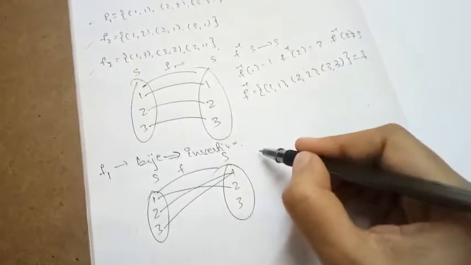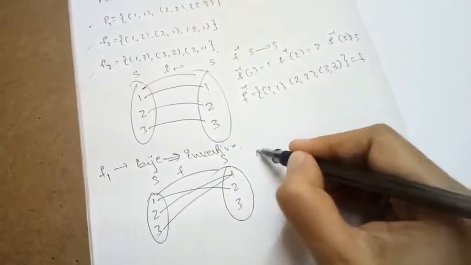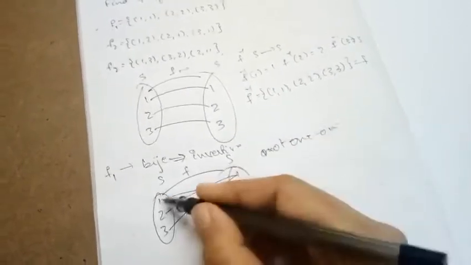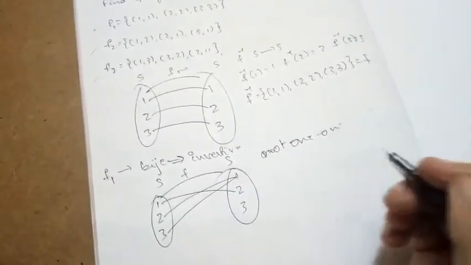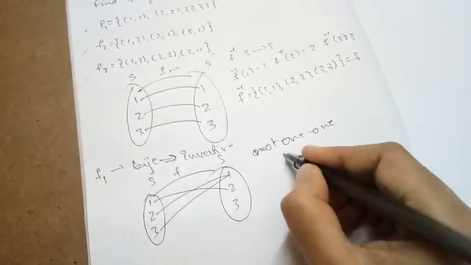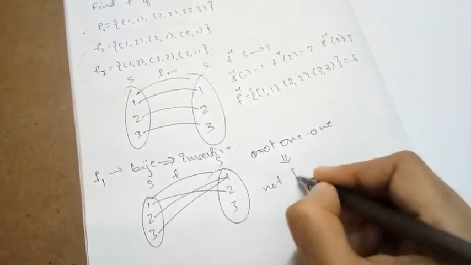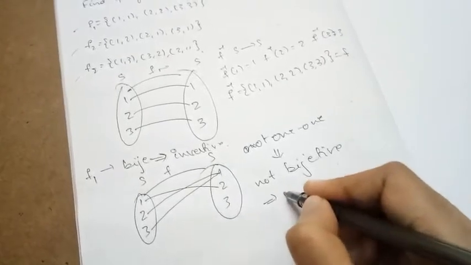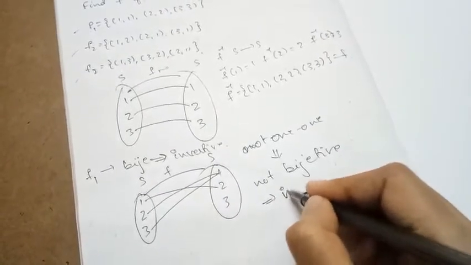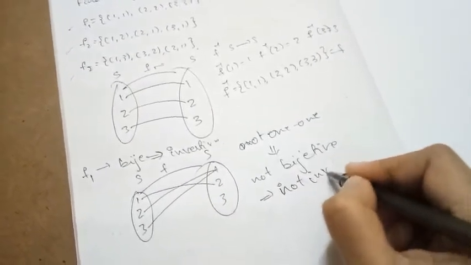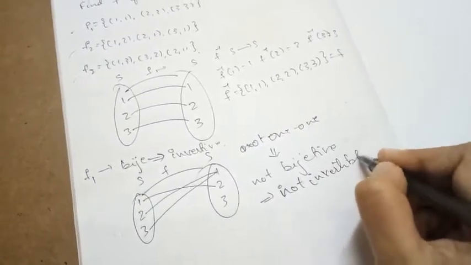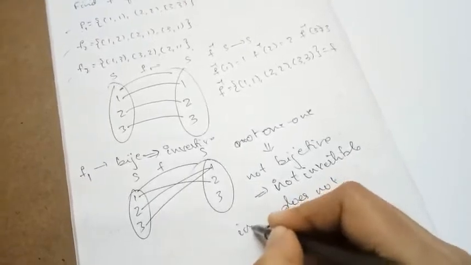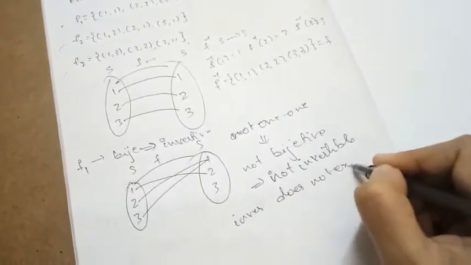Clearly this function is not a 1-1 function, because here 1 and 3 have the same image 1. It implies it is not bijective. Since it is not bijective, what can I say? It is not an invertible function. Not invertible, so the inverse does not exist.